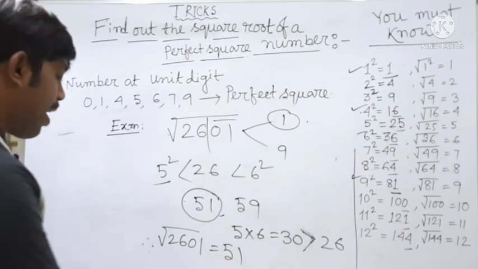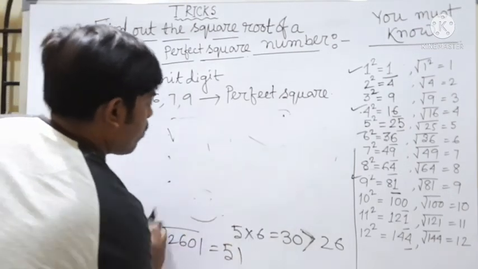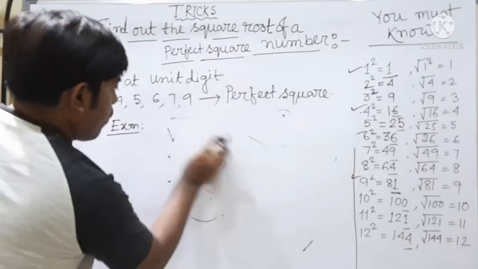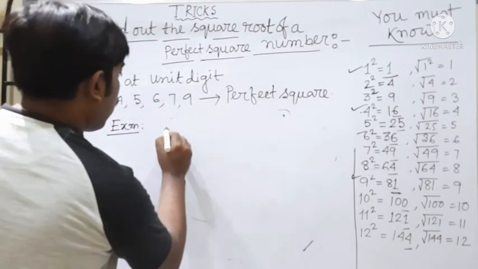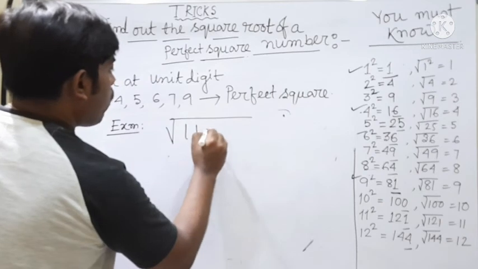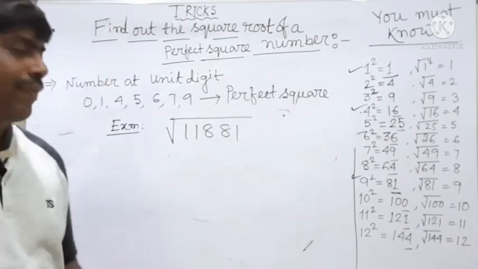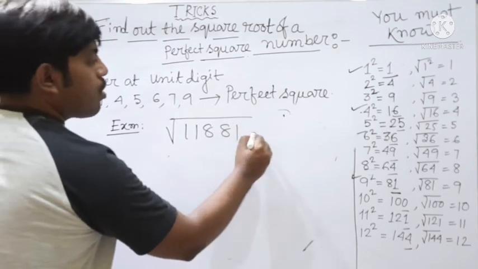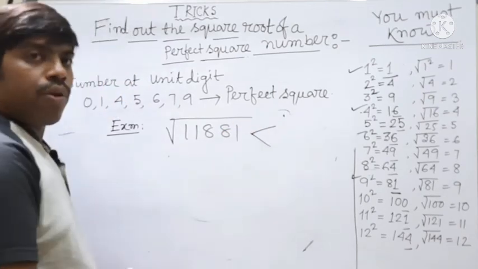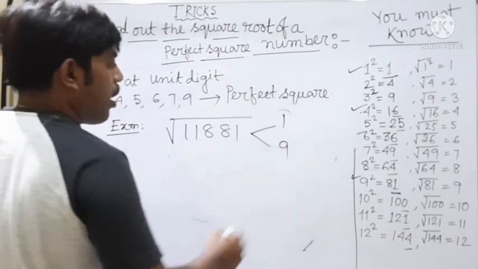Now we do another problem. Root over 11881. Okay. Look at this, the unit digit is 1, so its square root's unit digit will be 1 or 9.